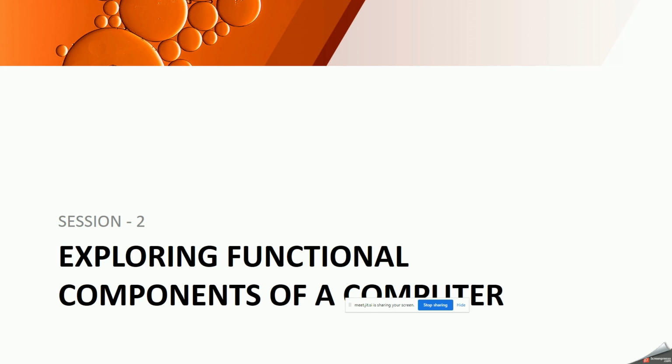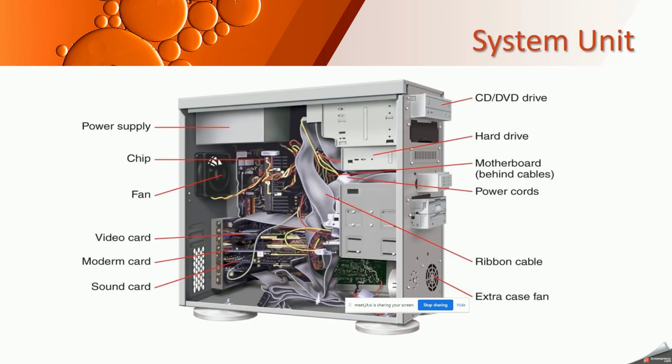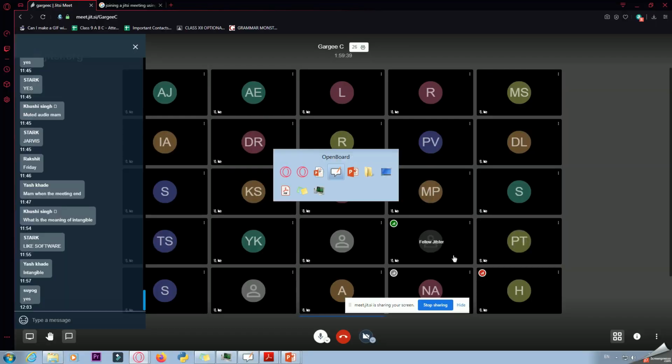So second session is exploring functional components of a computer. Now what are the components? Number one, system unit. So you can see in front of you right now, there is a CPU box, an opened system unit. Students, we wrongly say CPU. CPU is actually a very small part.